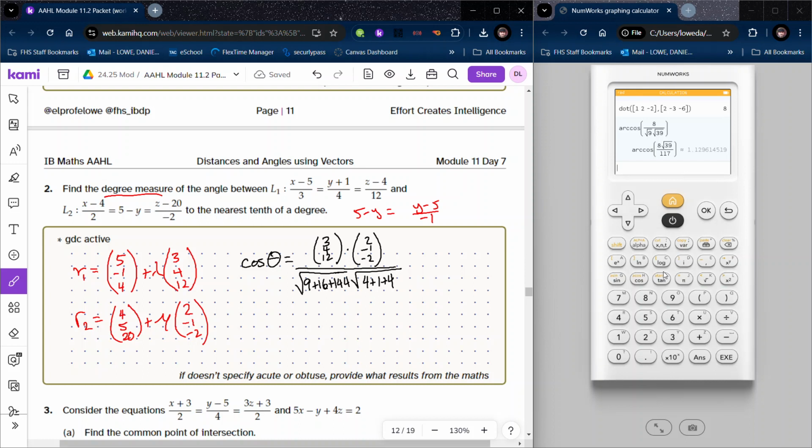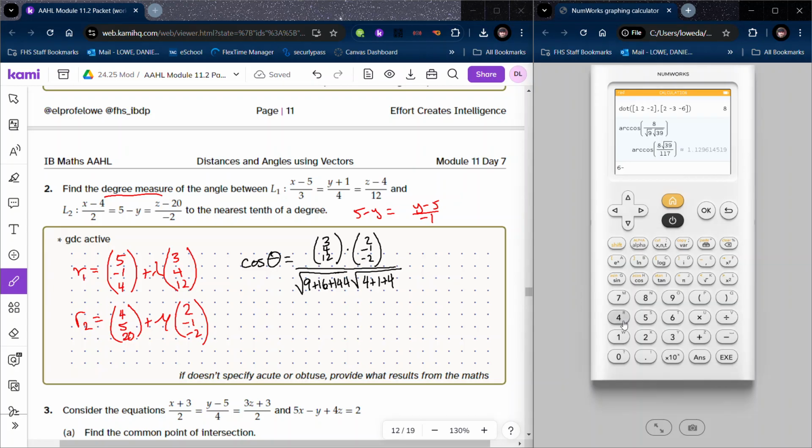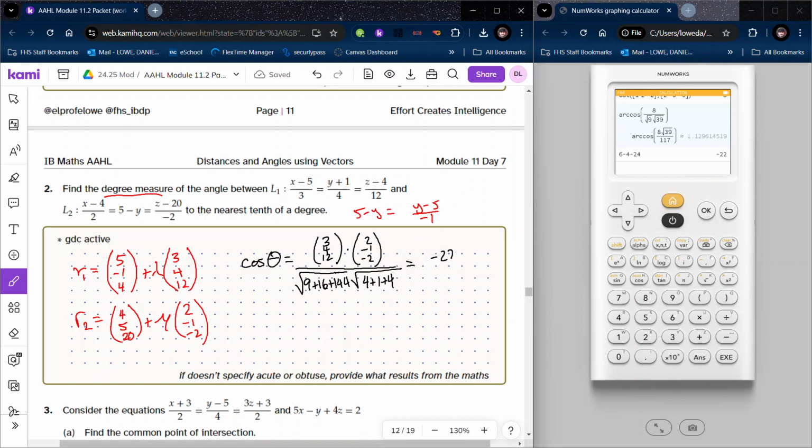If I need, I can find my dot product without using the dot product feature. I can just remember that it's going to be the sum of the products in the x direction, y direction, z direction. So I'm going to have 6 minus 4 minus 24, and that's going to be -22.